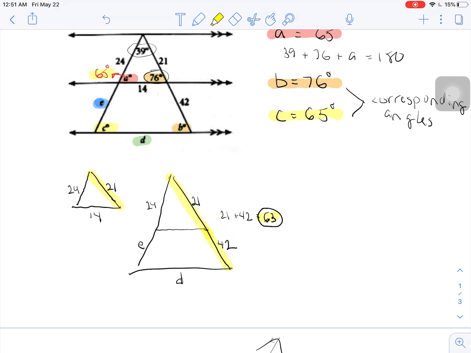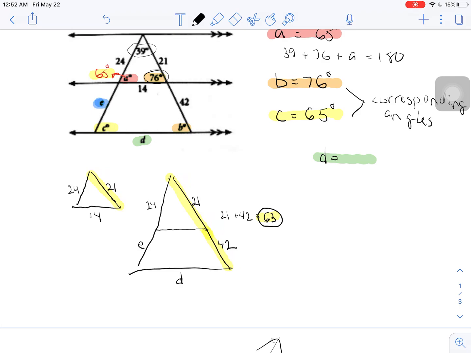That's why I suggest drawing the diagram separately, because it's harder to miss pieces of your triangle when the triangles are separated out. It helps organize your thinking so that you don't get tricked by things like that. So back to D. Since D is a side length, yesterday we said that in similar figures, the corresponding sides have equivalent ratios. So we can find a side that we're not missing any information for.